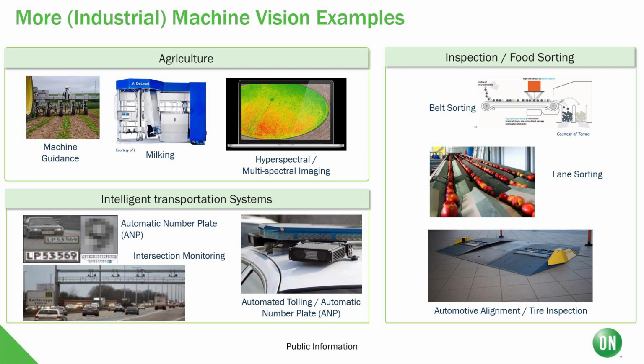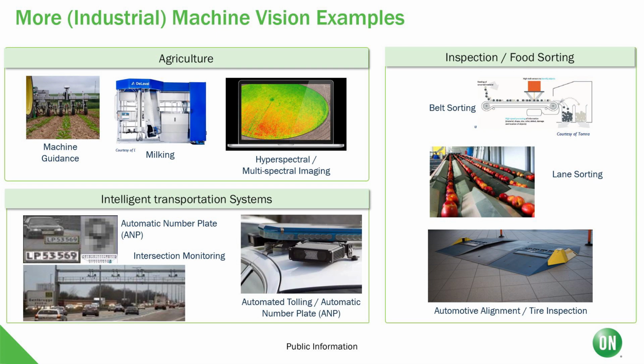This includes machine guidance for devices that go up and down rows of agriculture, milking, and hyperspectral. Hyperspectral, very important. As an example, a drone can fly over a field and, using different wavelengths, determine the status of the crops, watering level, UV, and things of that nature.